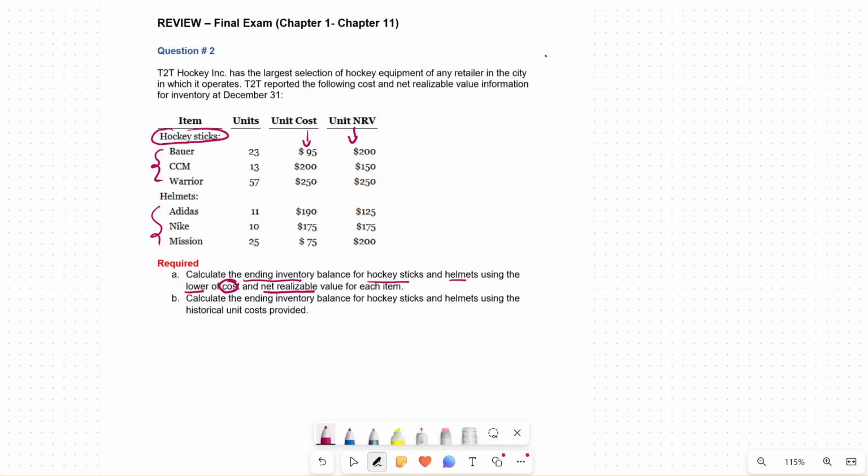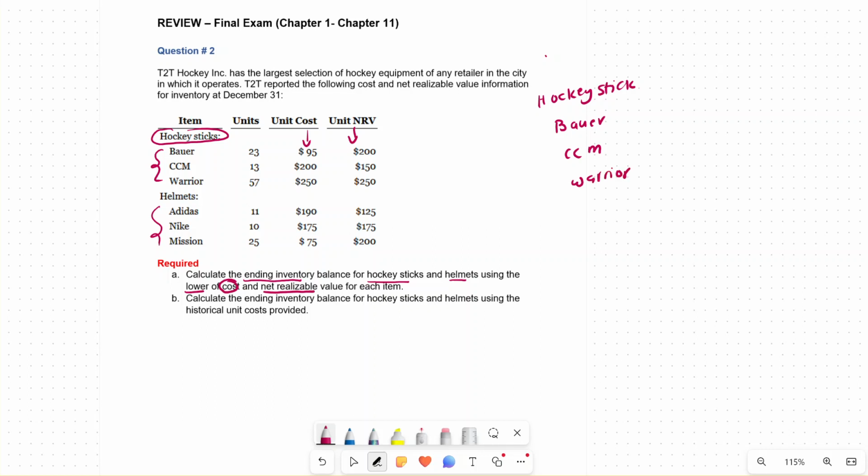So let's work it out in the table. First we have hockey sticks, and under the hockey sticks we have Bauer, CCM, and Warrior.